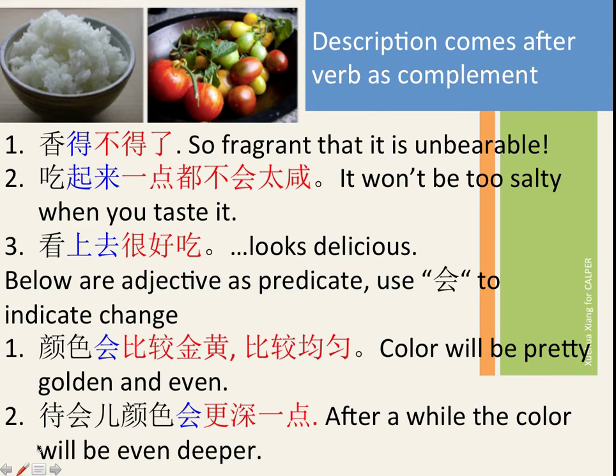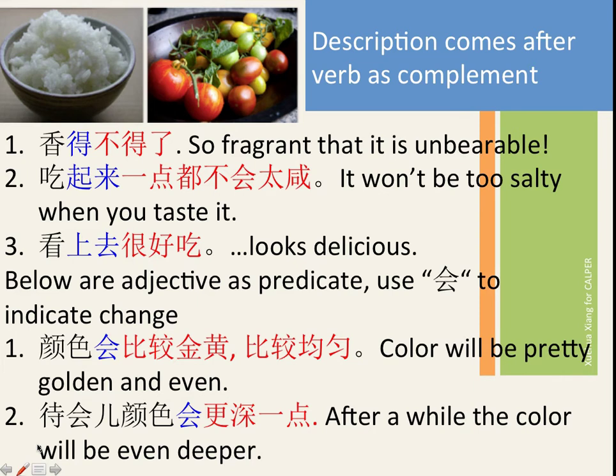看上去很好吃. Below, let's see an example of using descriptions to talk about how things will change. They all share this idea of using 会. So something 会, will, prediction, will be in a certain state. Number 1, 颜色 color. 颜色会比较金黄, relatively golden, pretty golden in color. 比较均匀, pretty even.